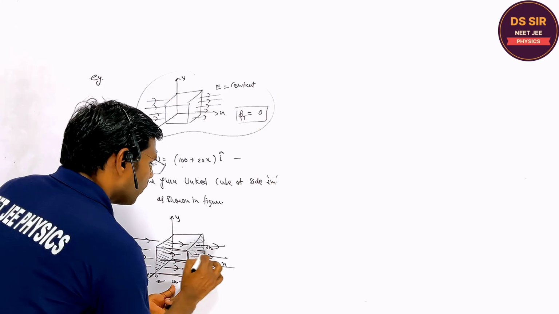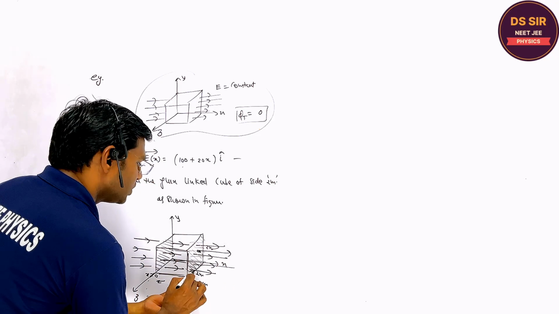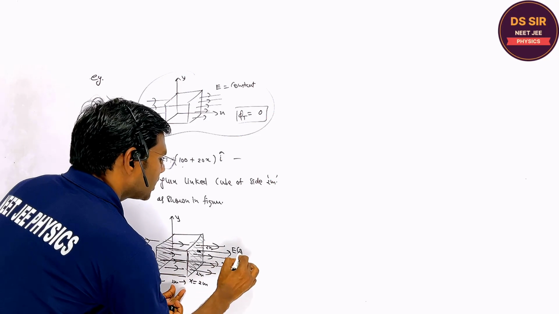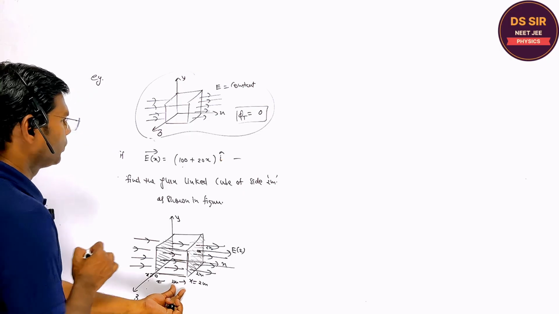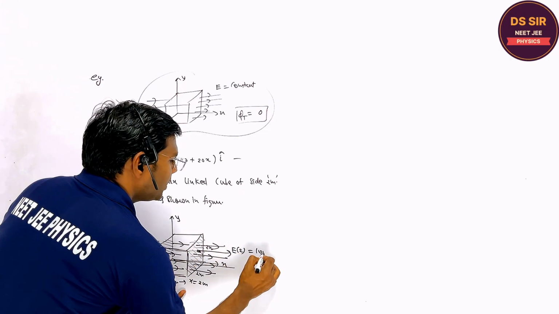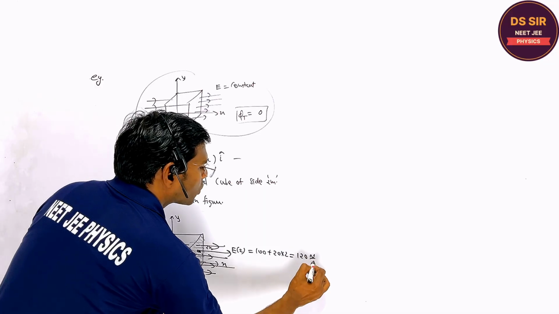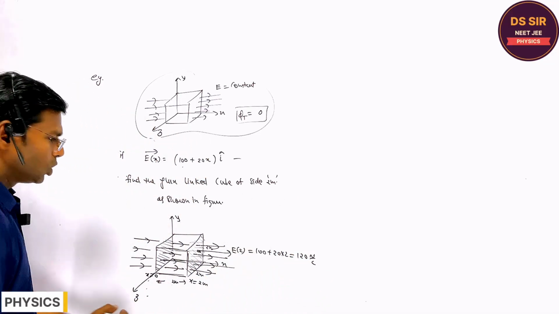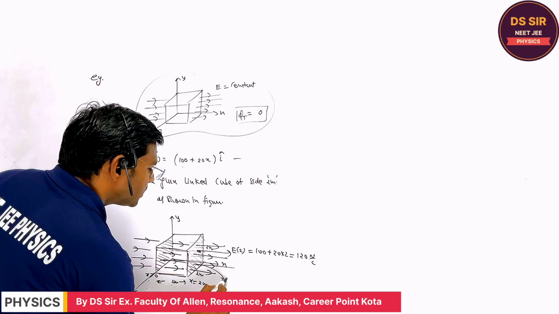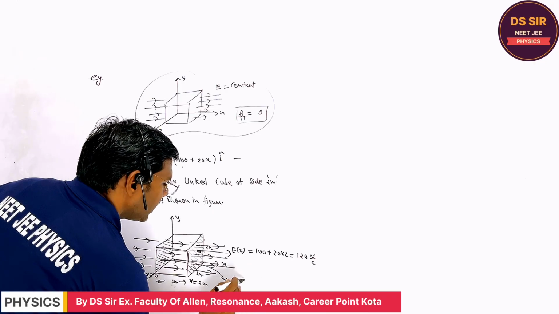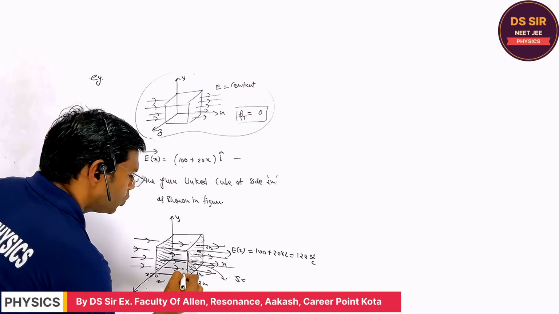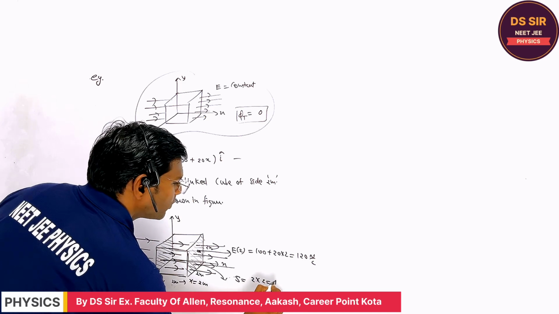So if you want to write the electric field at x equal to 2, you will put 100 plus 20 into 2, which is equal to 120 Newton per coulomb. Is it clear or not? And what is the area of this surface? The area A_S is nothing but 2 into 2, which is equal to 4 meter square.